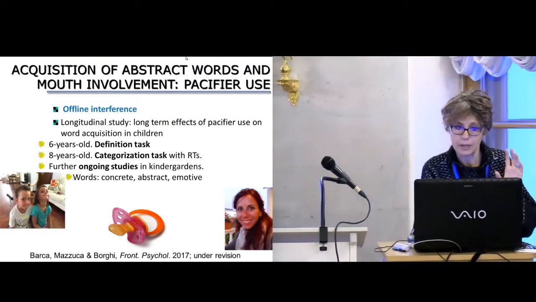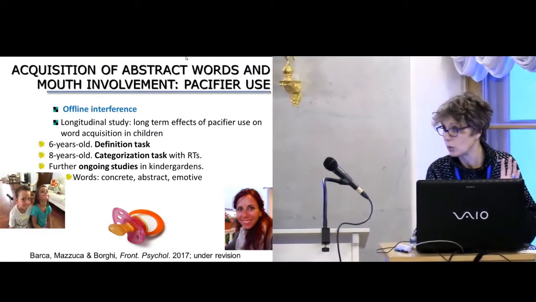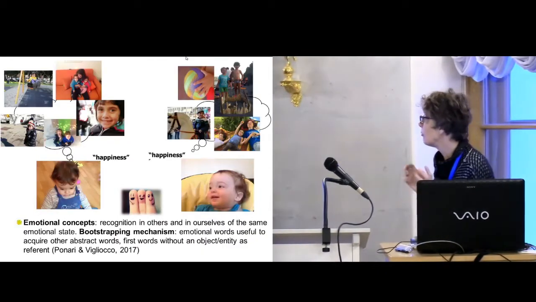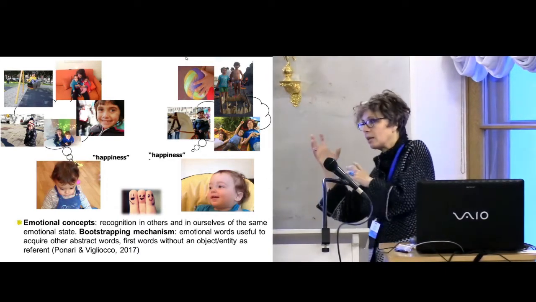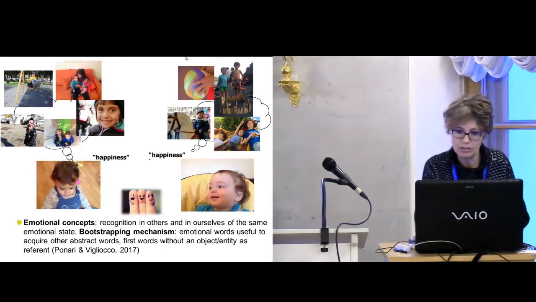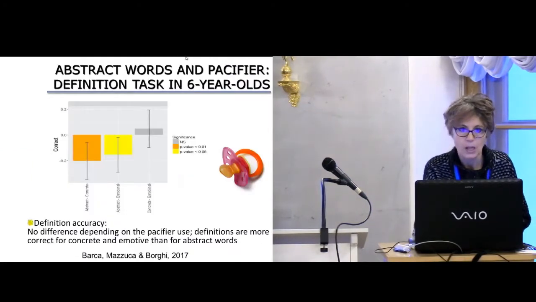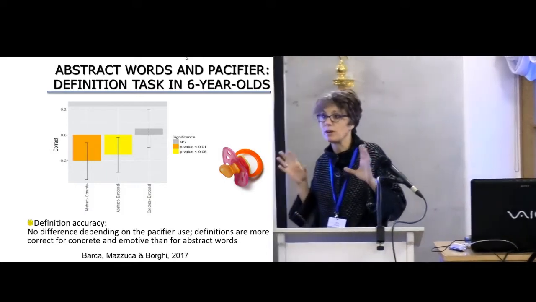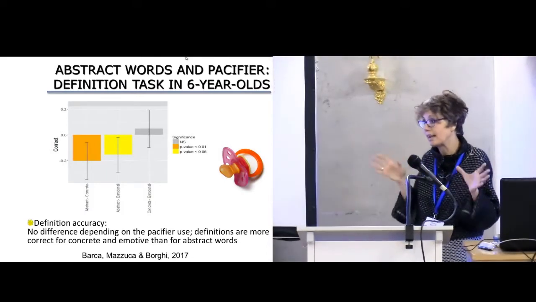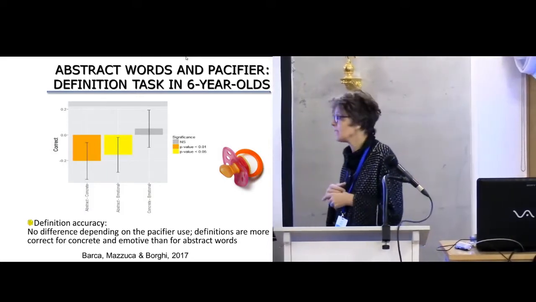We had concrete, abstract, and emotional concepts. Because, as I said before, emotional concepts are less abstract than other abstract concepts, so they can represent an interesting subset. Children 6 years old were asked to define concrete and abstract concepts.